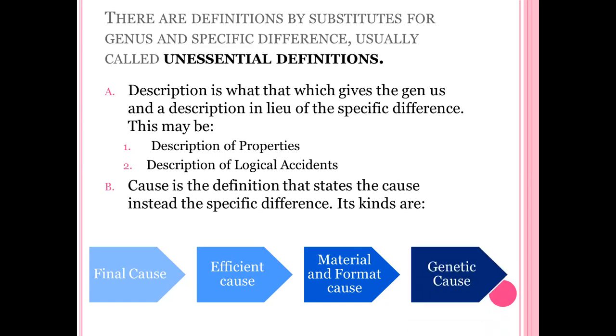So we have another kind of cause, which is genetic cause. Genetic cause is that which gives the procedure or operation out of which a thing results. For example, the how-to: paano, courses, to bake a cake, to drive, to paint, etc. So basically for genetic cause, it's just a procedure or operation or instructions.